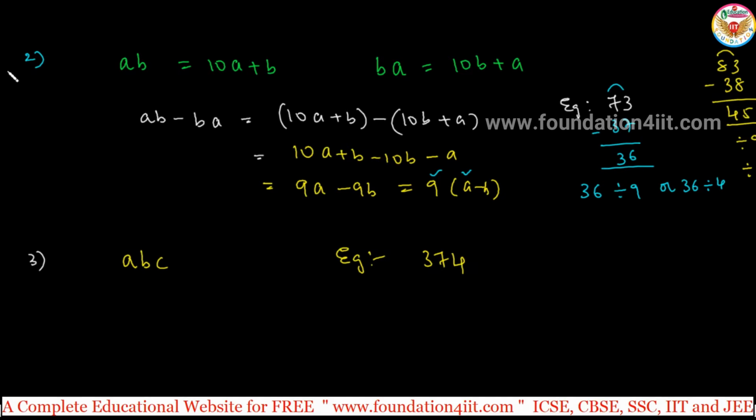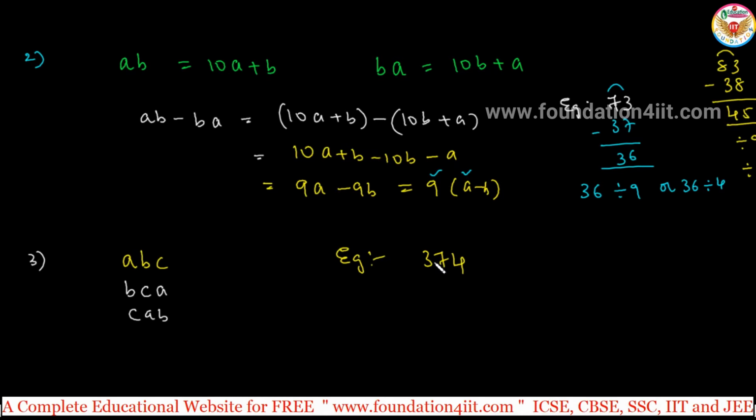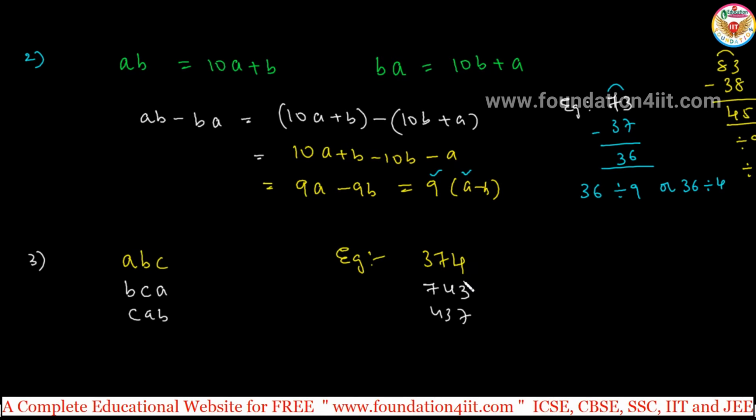By interchanging the digits of ABC, we make other numbers: ABC, BCA, and CAB. That means 374 starts with 3, then 374, 743, again 437.